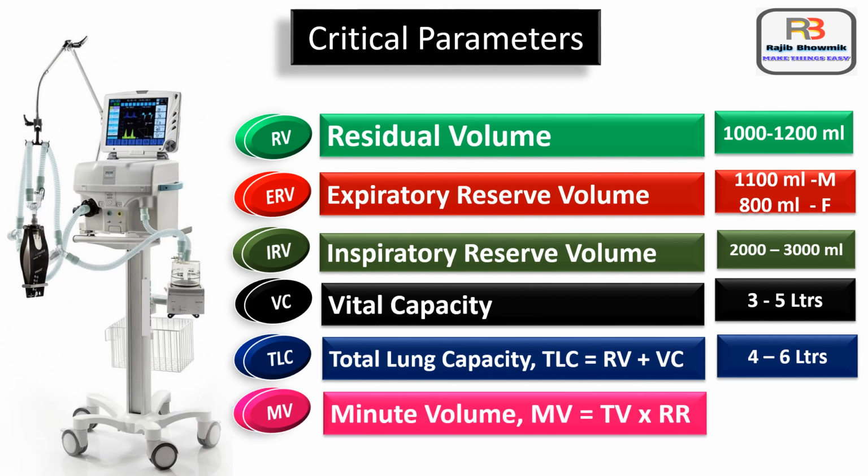MV, that is minute volume. The amount of air breathed in or out by a patient per minute is called minute volume. Minute volume is equal to TV times RR. TV means tidal volume and RR means respiration rate. Normal minute ventilation is between 5 to 8 liters per minute.